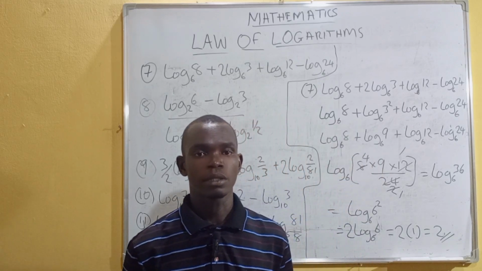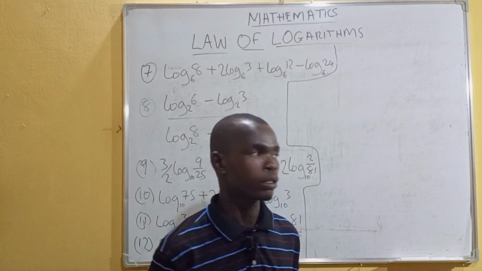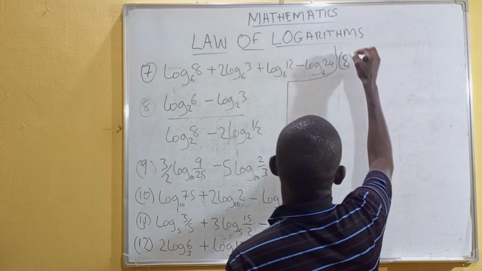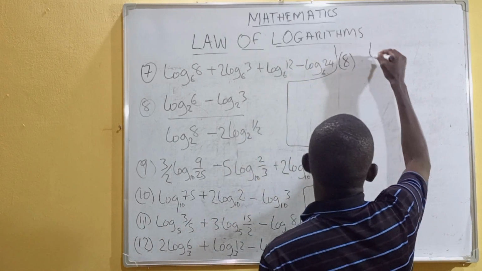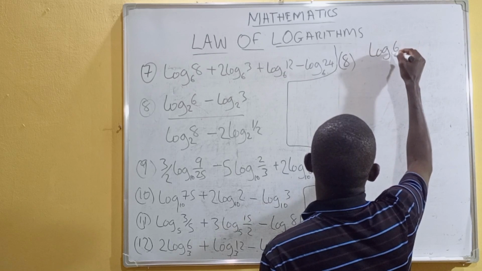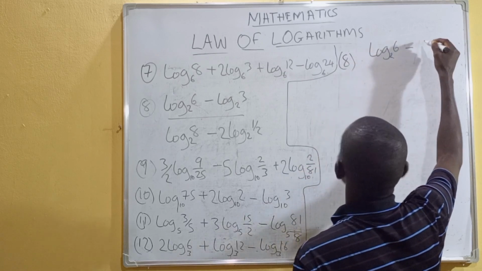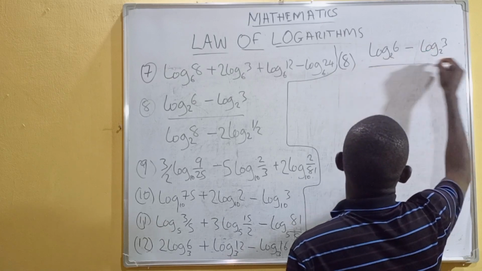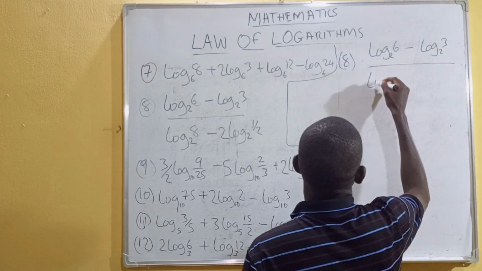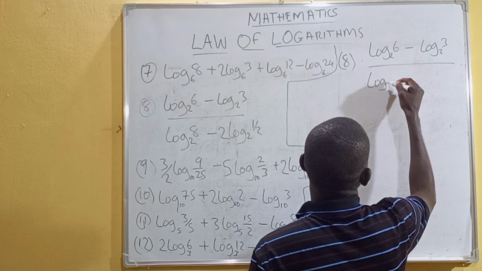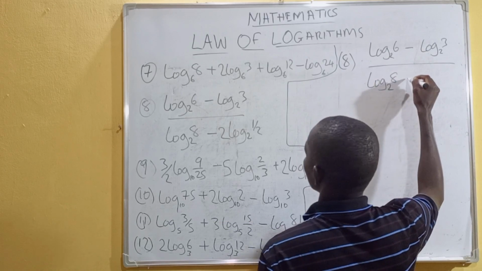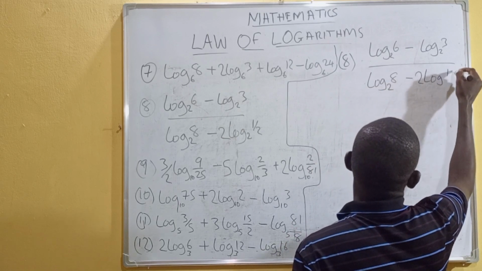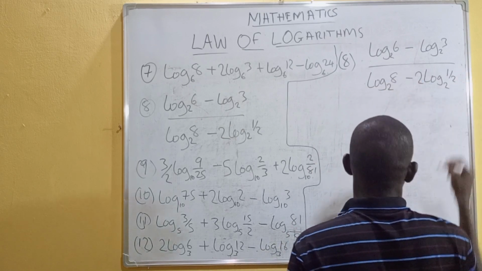Let's look at question 8. We have log of 6 in base 2 minus log of 3 base 2 over log of 8 base 2 minus 2 times log of 1 all over 2 to base 2.